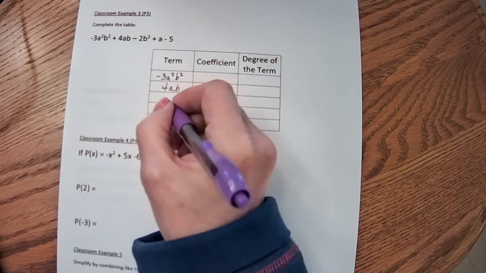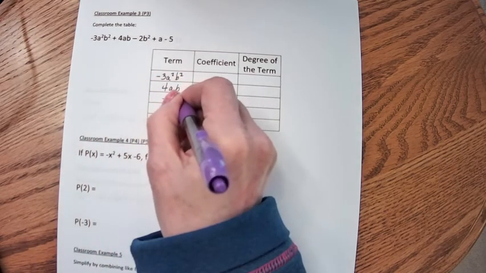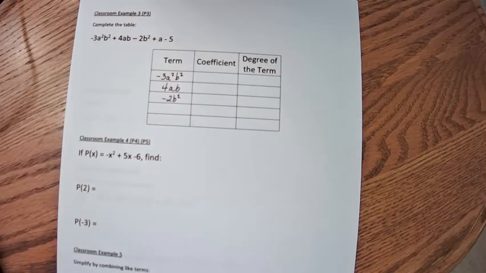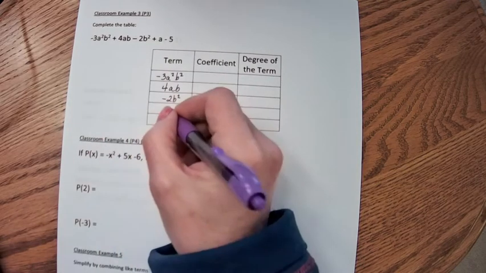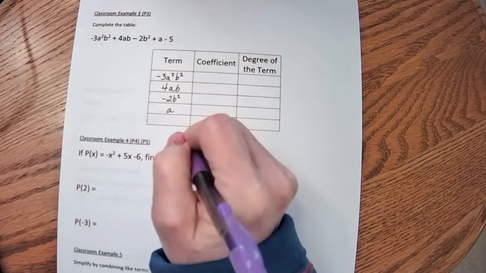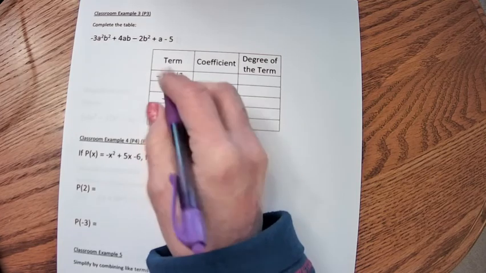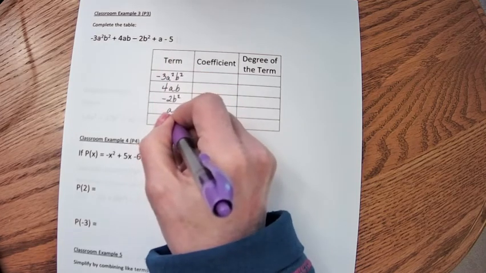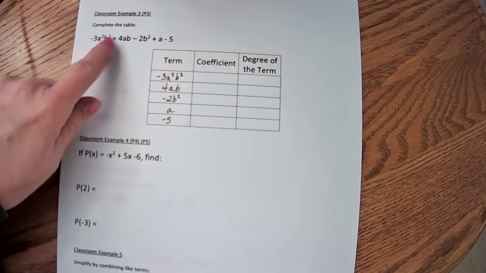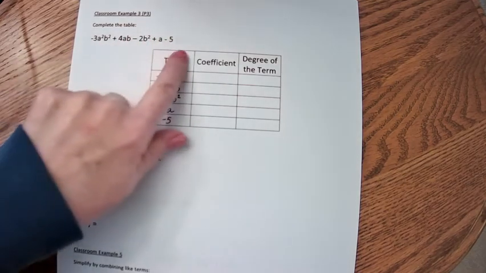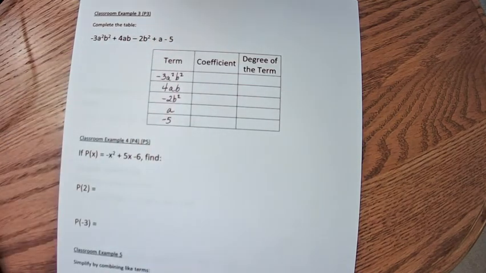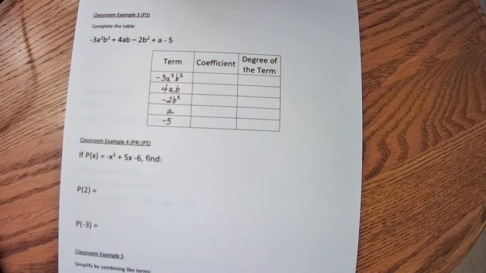My third term is negative 2b squared. My fourth term is a. And my last term, my fifth term, is negative 5. 1, 2, 3, 4, 5. Polynomials are separated into terms. Terms are separated by plus and minus signs.